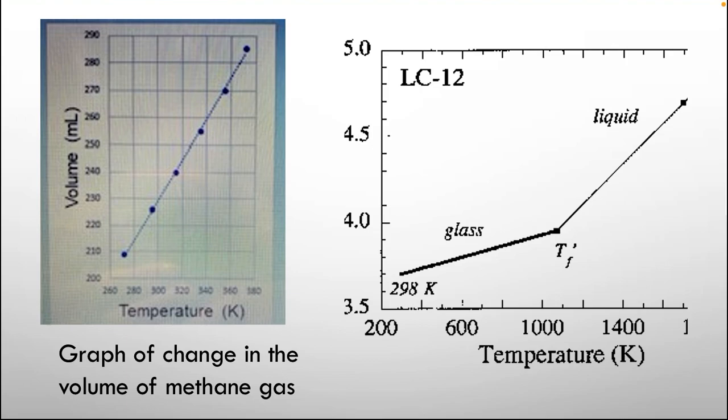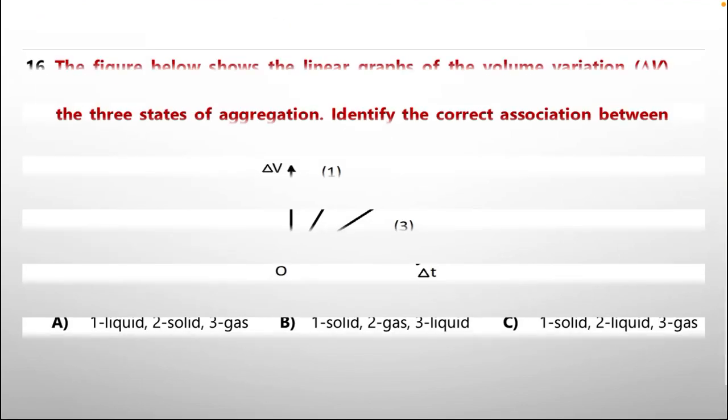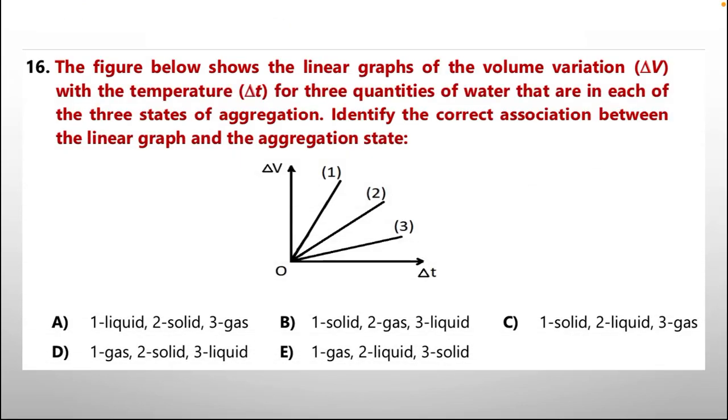Liquid is somewhat slanting high, and according to these explanations we can relate our graphs with those given in the question, and the correct option is option E. The first is gas, the second is liquid and the third is solid, because according to the high temperature the graph is very upright for the gas, lower for the liquid, and the slope of the solid is very low. So according to that, option E is correct.